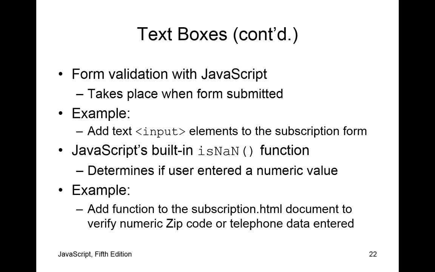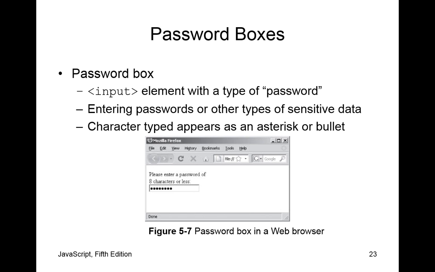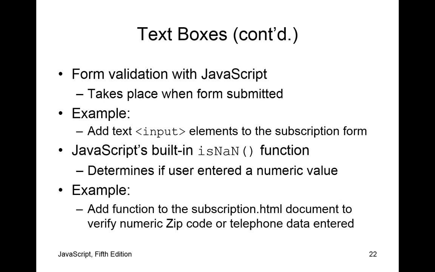And then you can add that function to validate that there's a valid zip code. Are you going to use letters for a zip code? No. isNaN actually checks to see if it's not a number, right? Isn't that what NaN is? Not a number? No, it determines if the user entered a numeric value.